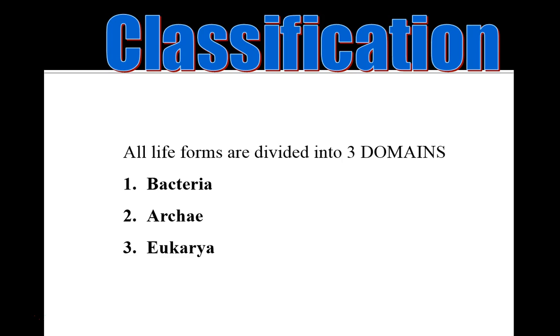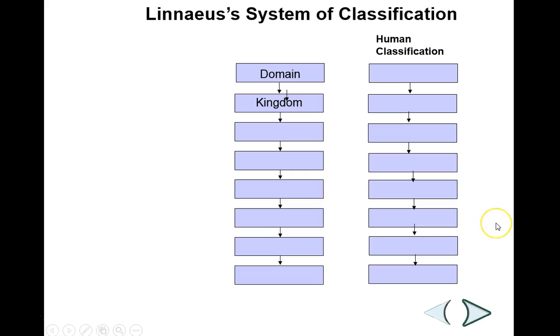And this really is derived from the type of cells that make up these living species, and this system developed probably right around the year 2000, where scientists started looking at DNA much closer and realized that there were some significant differences between the different types of bacteria, so they categorized them into two separate domains for each one, and then the eukarya domain is the domain that we belong in.